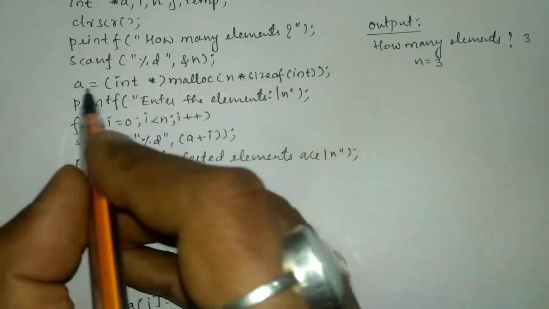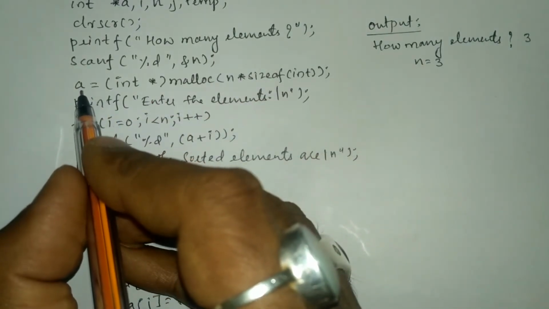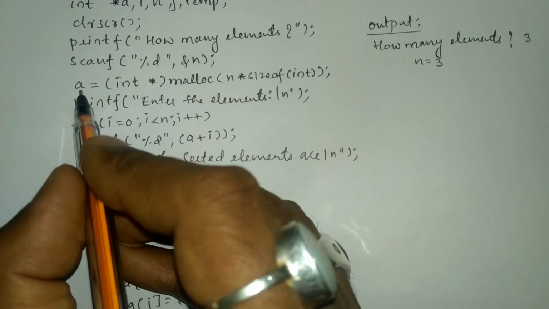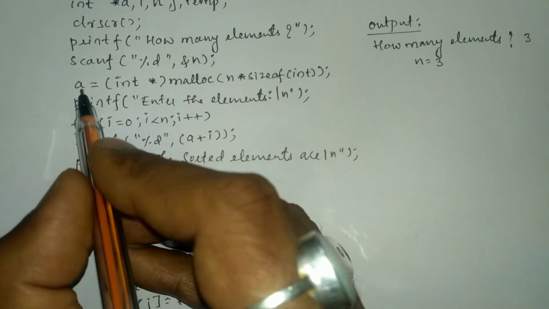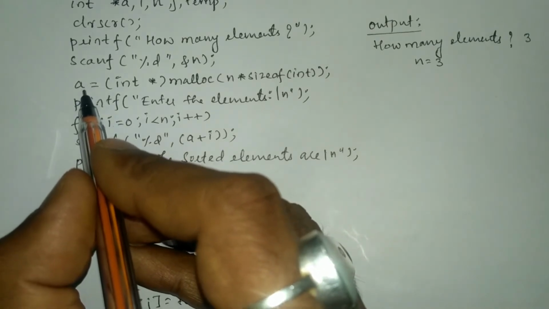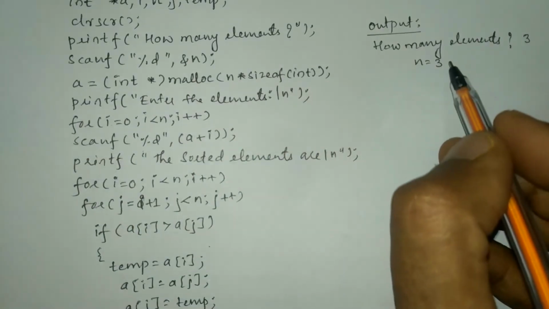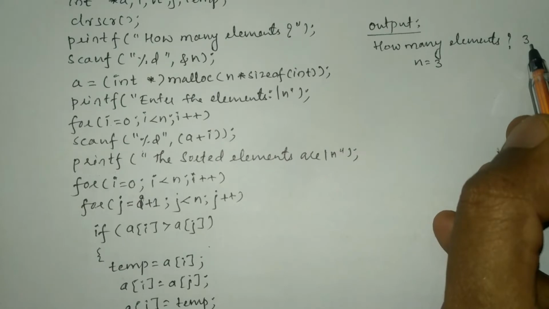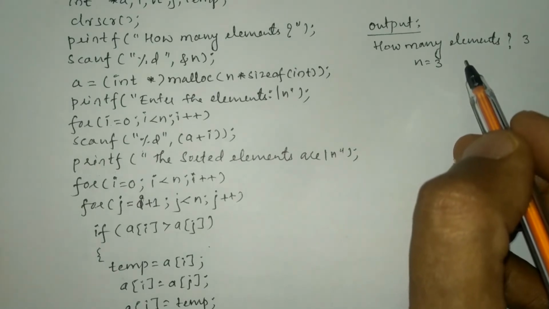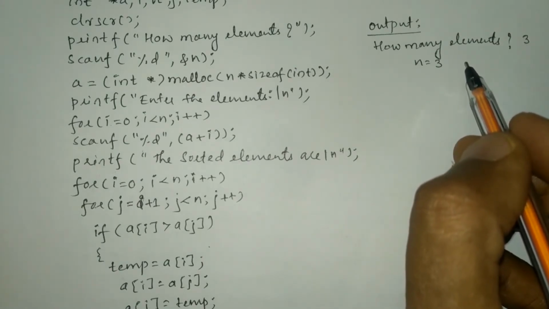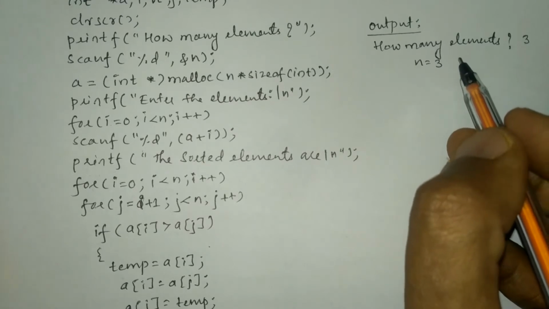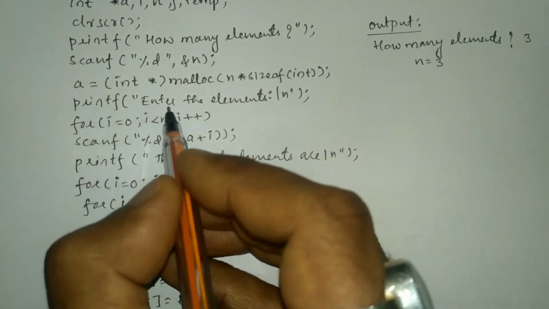Here memory allocation for this pointer variable is done, meaning 3 consecutive blocks of integer, meaning a total of 6 bytes of memory will be allocated for this variable. Because an integer takes 2 bytes, if I say 3, then it is going to allocate 3 into 2, 6 bytes of memory location. Next, printf enter the elements.